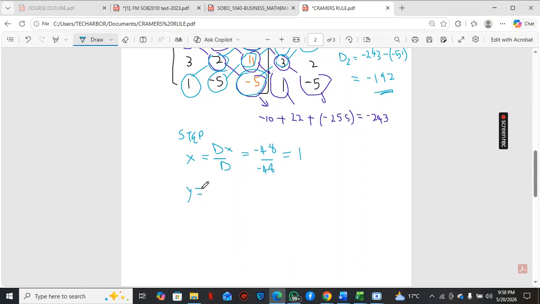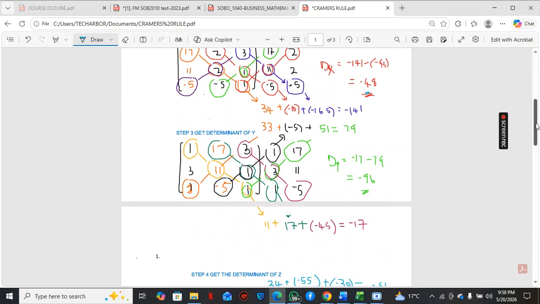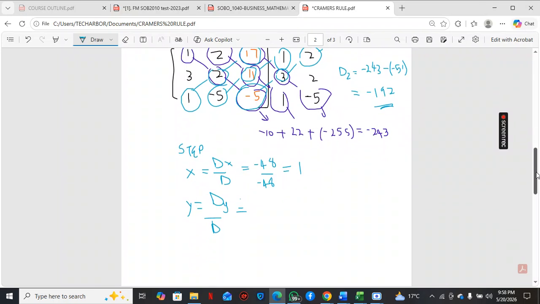For y, you're going to say dy divided by d, the determinant of y divided by the overall determinant. Remember, the determinant of y was negative 96.